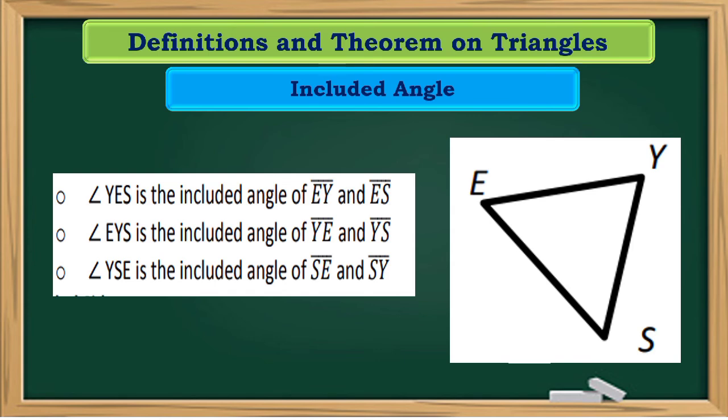We have angle EYS is the included angle of YE and YS. And angle YSE is the included angle of SE and SY.